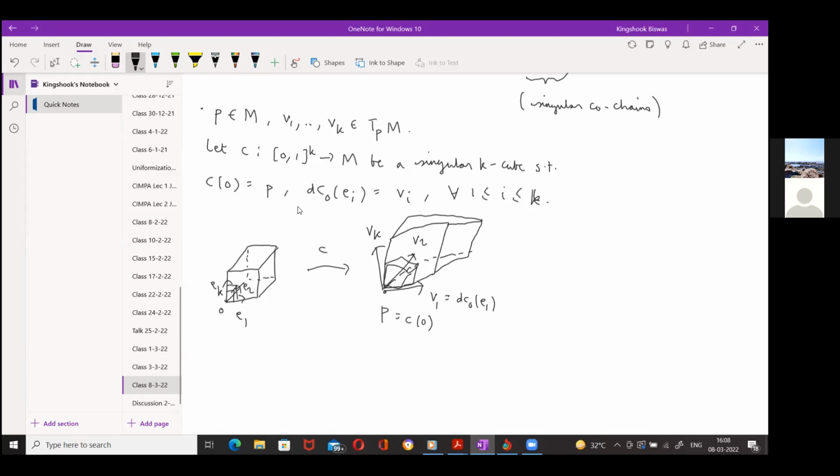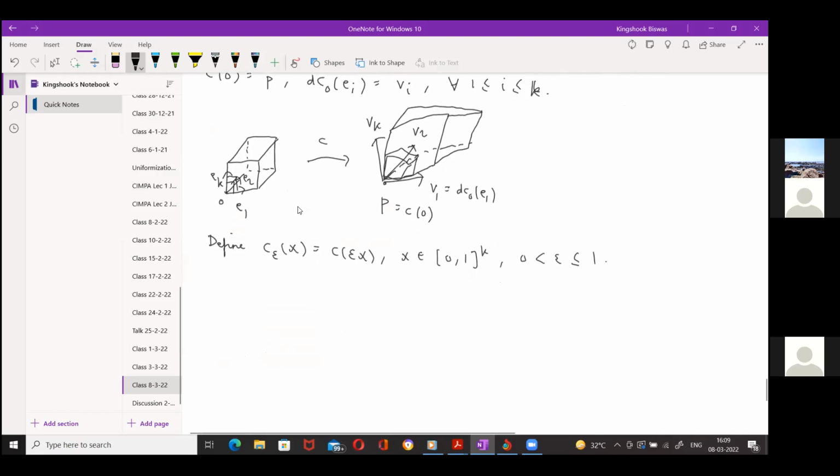And so what I mean is I define c_epsilon of x to be c of epsilon x, where x belongs to [0,1]^k and 0 < epsilon ≤ 1. So as epsilon tends to 0, these will be very tiny cubes.